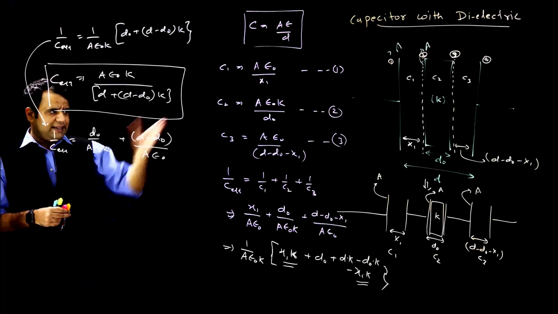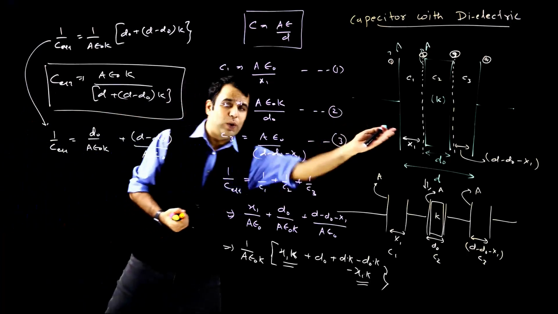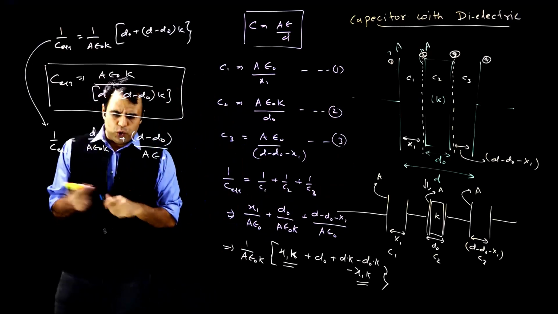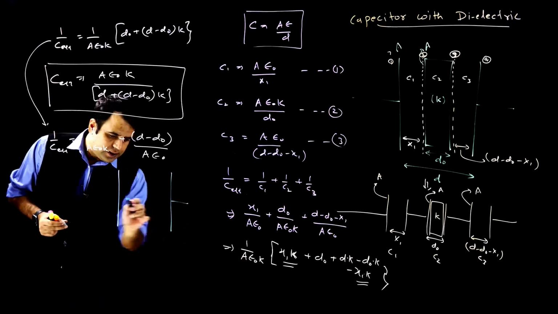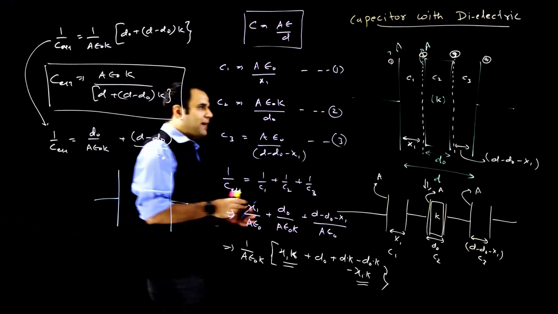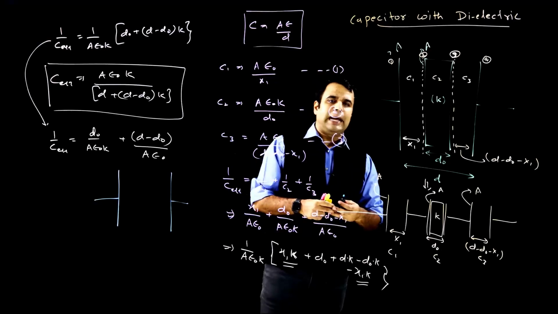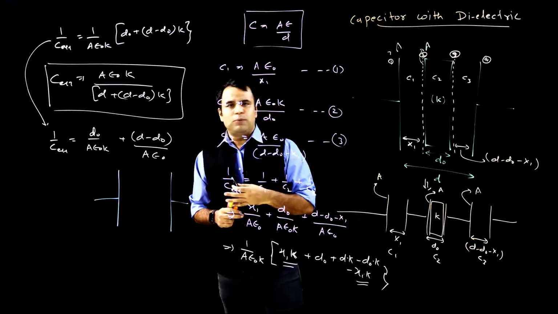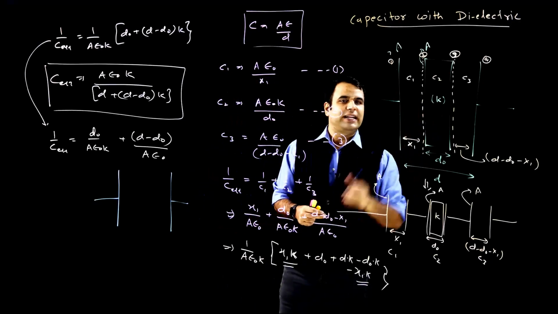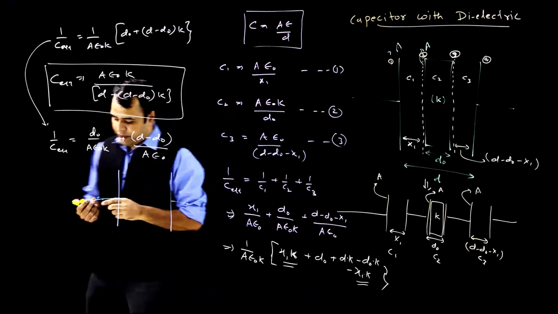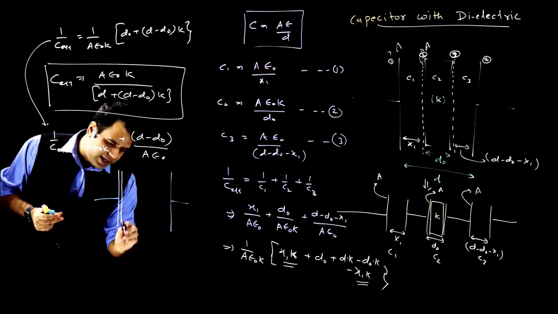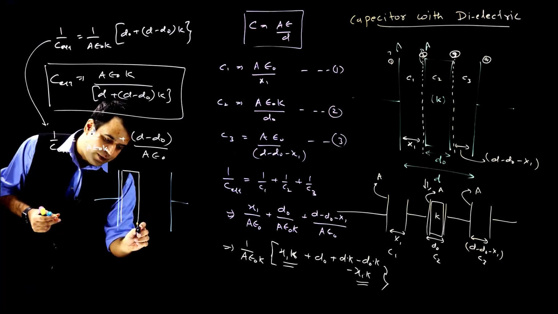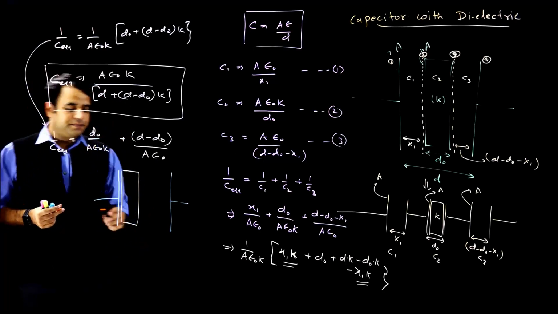Let's see that structure one more time. There was this capacitor and the dielectric was placed somewhere in between. This time, I'm going to shift the dielectric to one of the corners, like here, without changing anything.